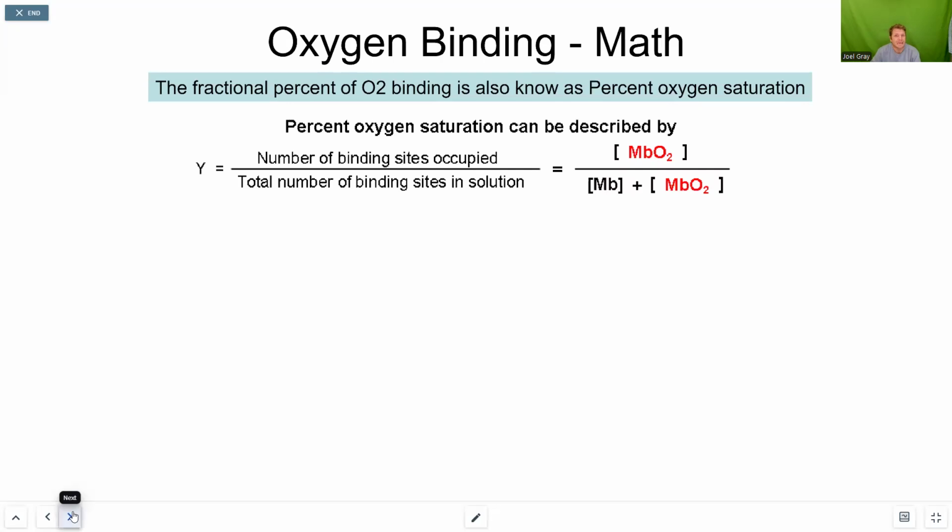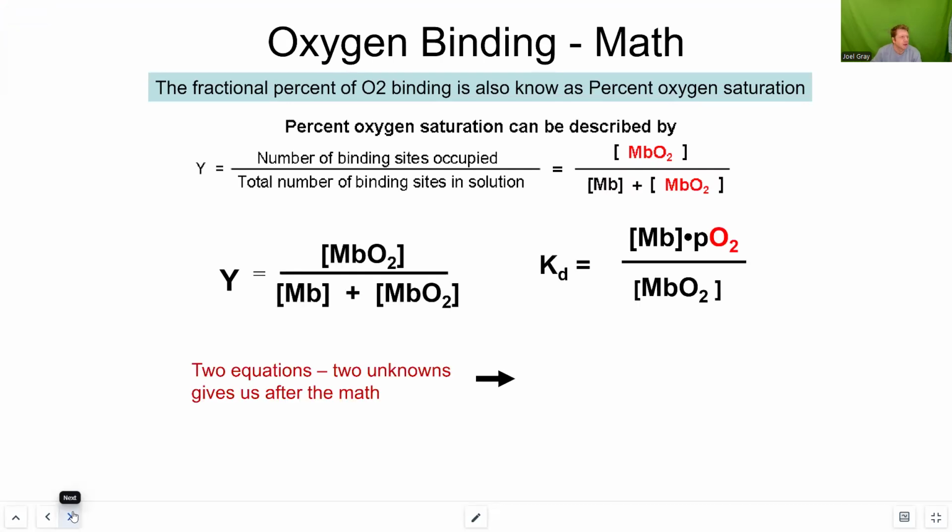Now, here is where we're getting to graphing it. We can take that Y expression and we can take these two expressions and rearrange them, just like we did with the PL expression. But here what we have is Y is equal to PO2. I will use these two terms interchangeably, the partial pressure of oxygen and the concentration of oxygen.